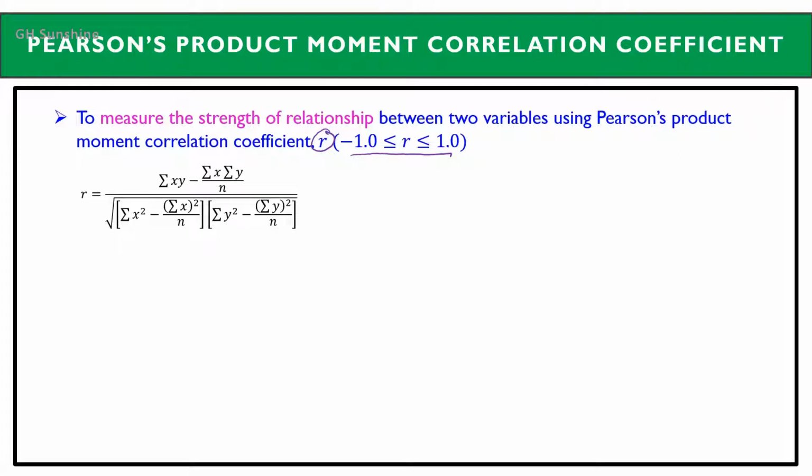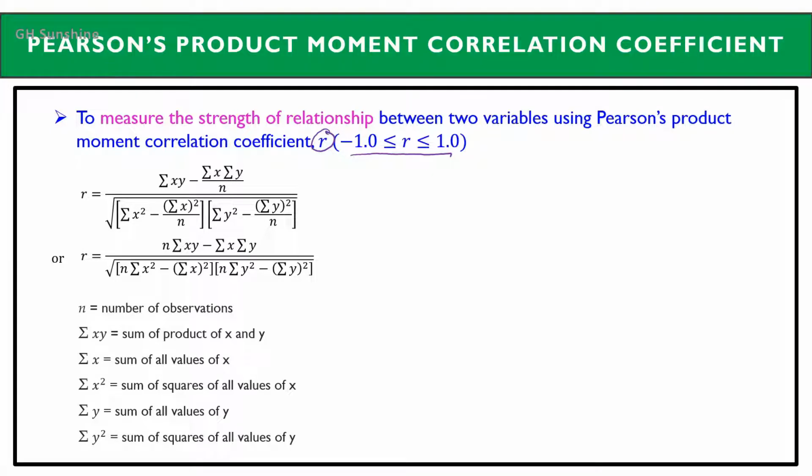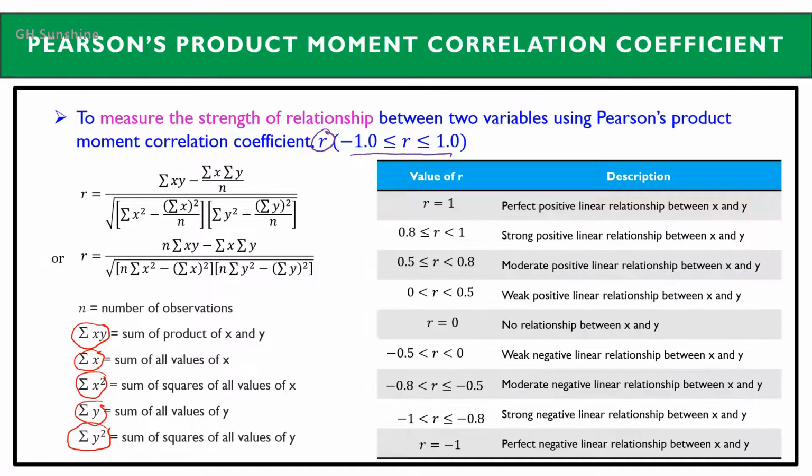What is the formula? There are two formulas. You can use either one, the answer is the same at the end. You must know n, the number of observations, the summation of xy, summation of x, summation of x squared, summation of y, and last, summation of y squared.